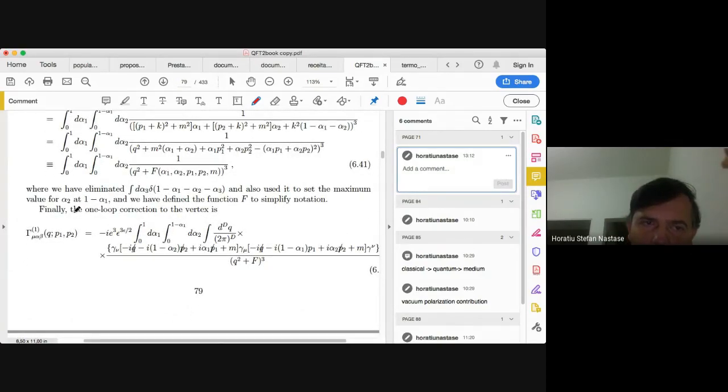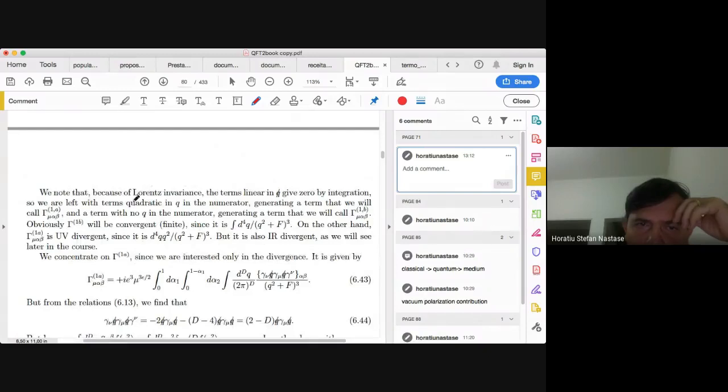The one loop expression gamma 1 was this long expression, and we said that we broke it into a part with terms quadratic in Q in the numerator that we call gamma 1A, which was equal to this and which was divergent, and then a part gamma 1B, which is convergent.